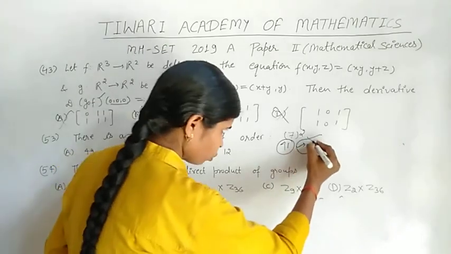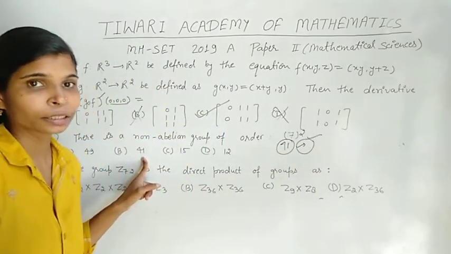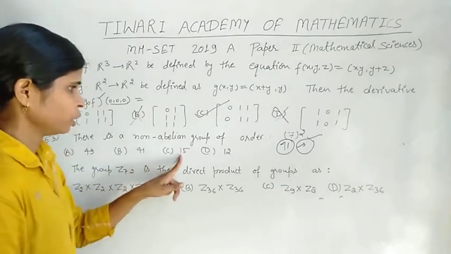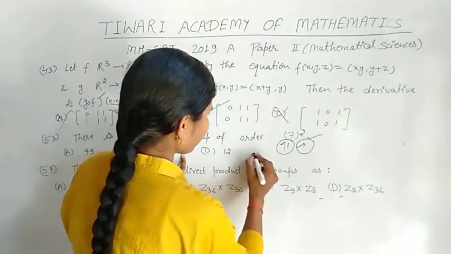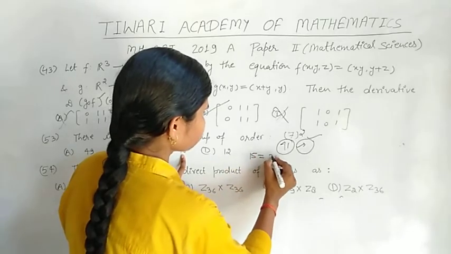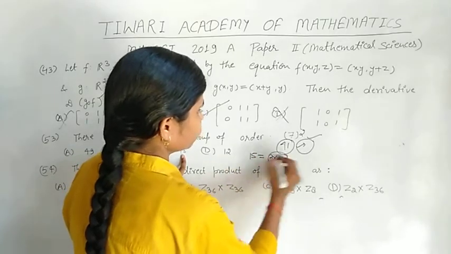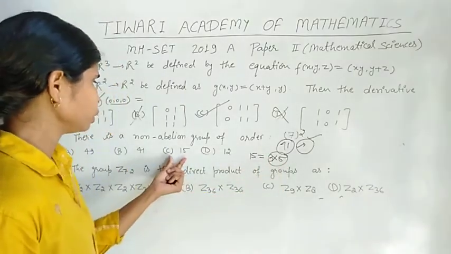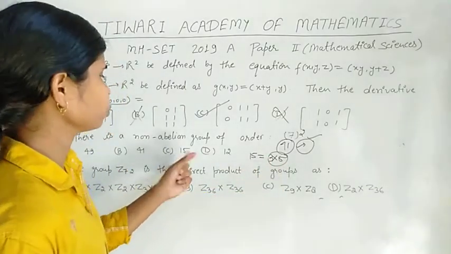If a group is of prime order, then it is an abelian group. Told non-abelian group: order 15 breaks into 3 into 5, prime into prime, so it has no non-abelian group.